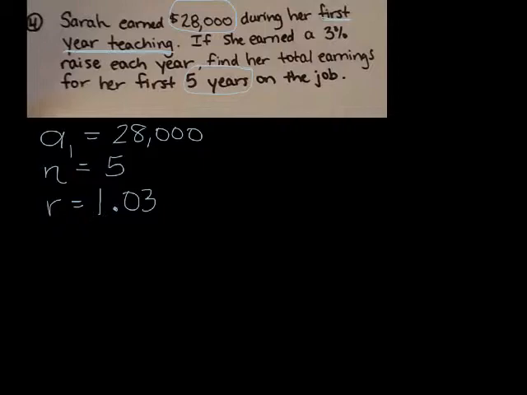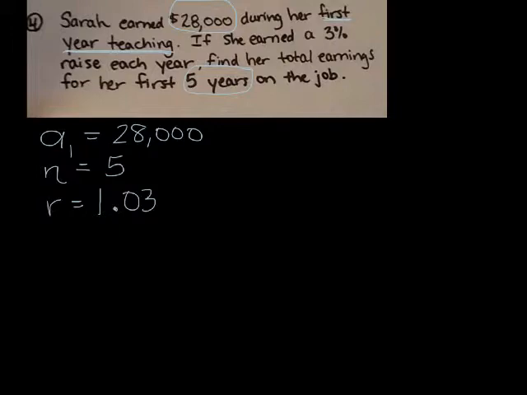If it says she's earning a 5% raise each year, R would be 1.05. If she were earning a 15% raise, which would be amazing, R would be 1.15. So whatever you're raising by, you add that to 1 as R, and you are going to need to do that on the quiz. So if you're earning a 50% raise, R would be 1.50. Whatever you're raising by gets added to 1.